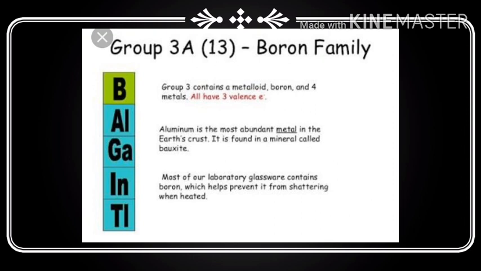What are those? First one is the size, which is very small because it is the first member of that group. Small size. Then it has high ionization energy and high electronegativity because of the attraction between the nucleus and the outermost electron. And there are no d orbitals, absence of d orbitals.